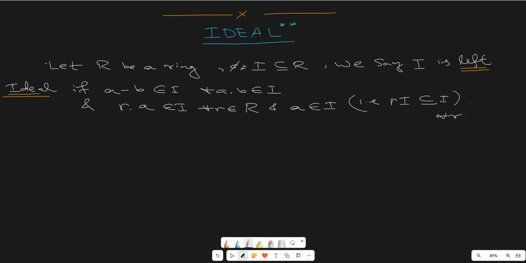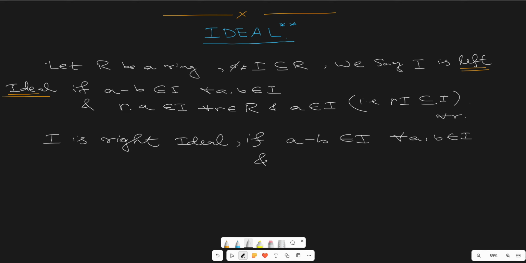I is a right ideal if a minus b is inside I for every a, b inside I, and I know you can predict what I am going to do: a dot r, multiplying by r on the right side, is in I for every r inside R and a inside I. This is called IR is contained in I. This is called a right ideal.